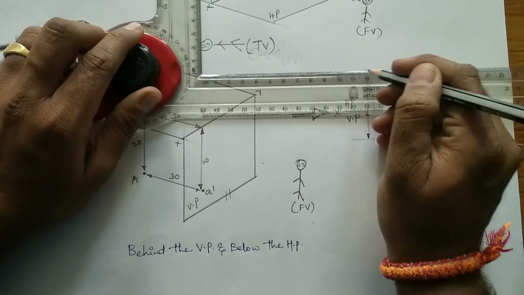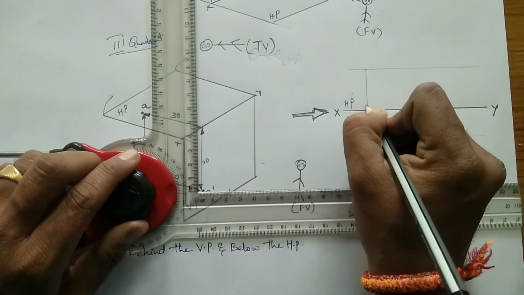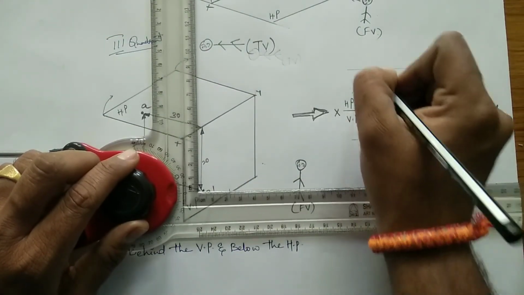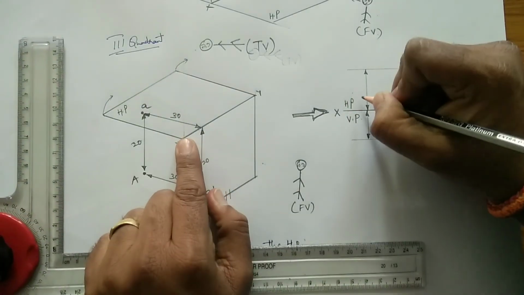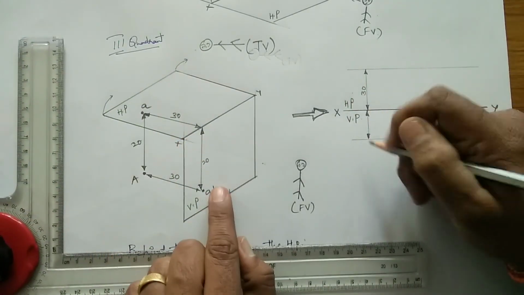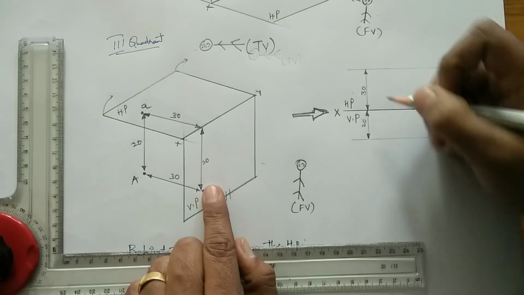Draw the locus line, and draw the dimensions. This is 30 mm on the horizontal plane and this is 20 mm on the vertical plane.